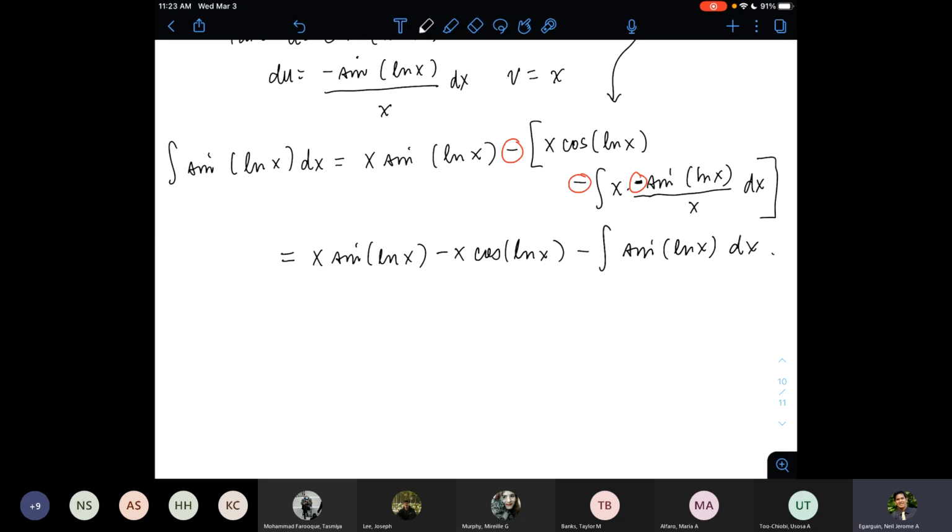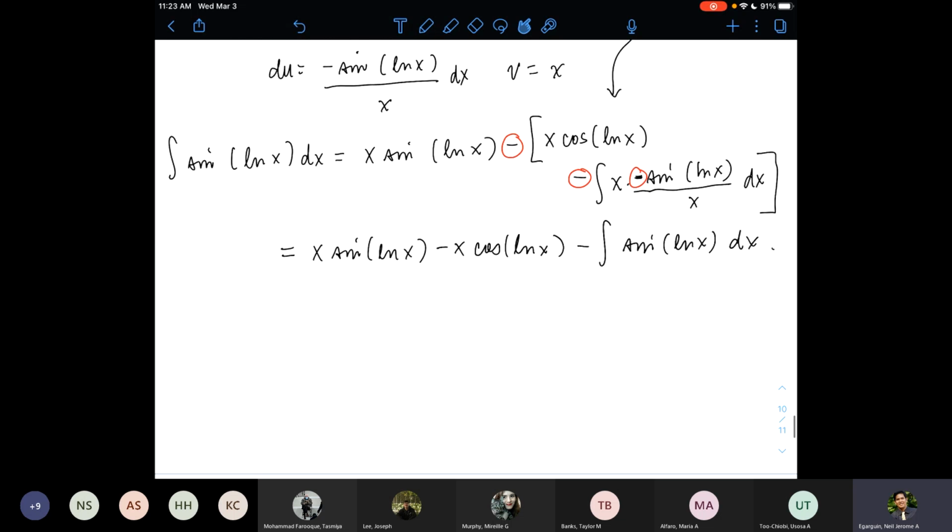All right. Is this good? I hope I didn't forget to change anything when I did the transition from sinh to sine. At this point, we notice that I have the integral of sine ln x here, and I also have the integral of sine ln x on the left-hand side.